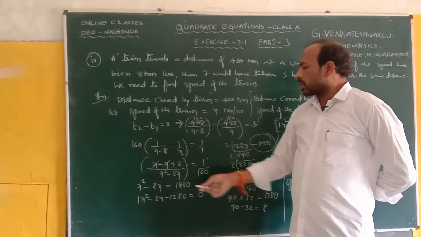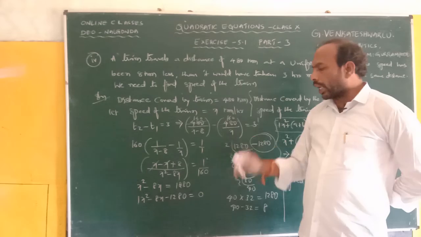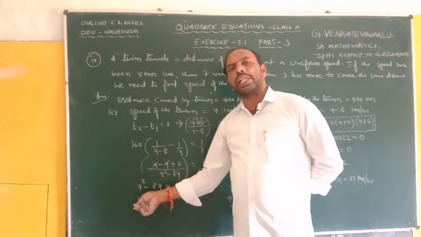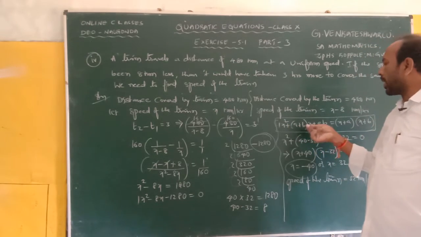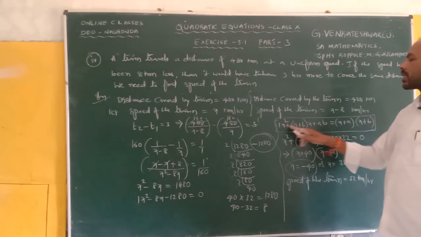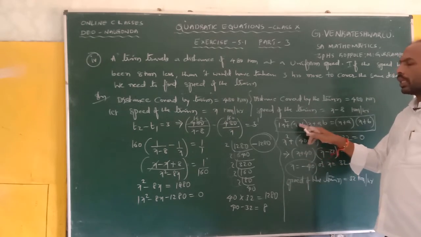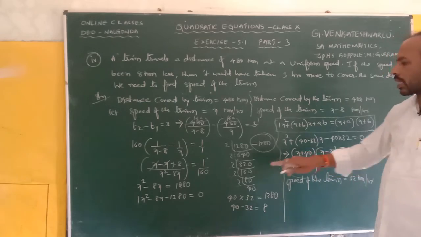After simplifying, we obtained a quadratic equation. In that quadratic equation, the x square coefficient is 1. Using this identity, x square plus (a plus b) x plus ab is written as (x plus a) into (x plus b). Here, sorry, I forgot, there is a minus here.